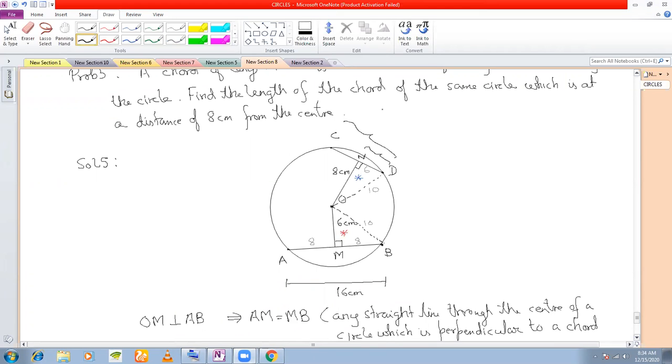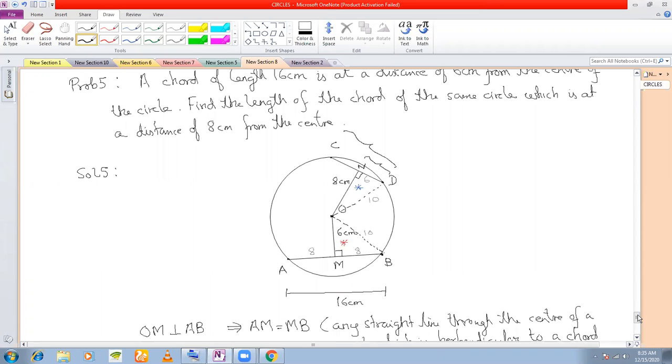Tell me the reason. ON is the perpendicular to CD, not the perpendicular bisector. Therefore, CD must be equal to twice of ND.